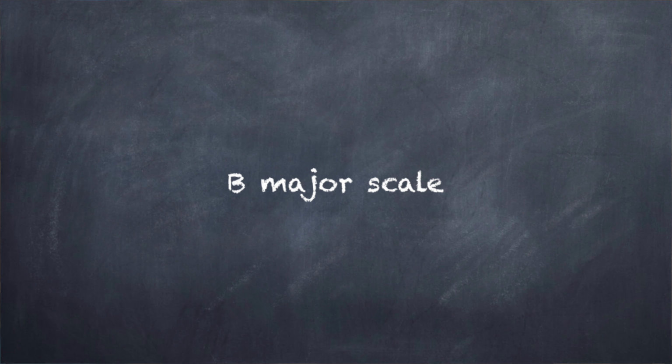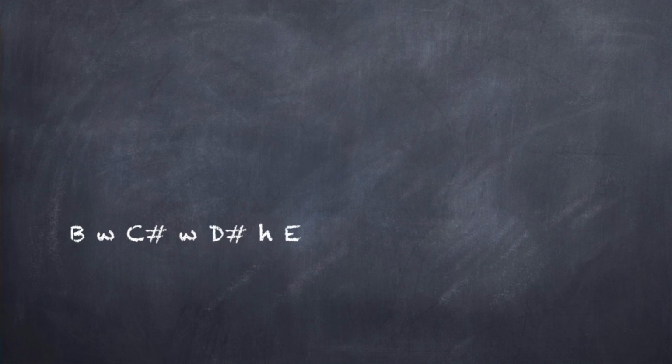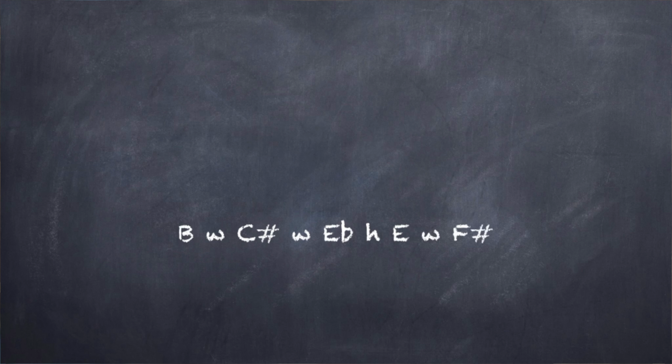In this case, with the B major scale, it would have to be B, C sharp, D sharp, E, F sharp, G sharp, A sharp, B. If we swapped out D sharp for an E flat, for example, it would look really strange if we saw B, C sharp, E flat, E, F sharp, it becomes redundant, if that makes sense. It just gets really confusing, and then the order just gets disrupted. Just to keep things simple, sharp notes and flat notes cannot coexist in the scale. Just remember that.